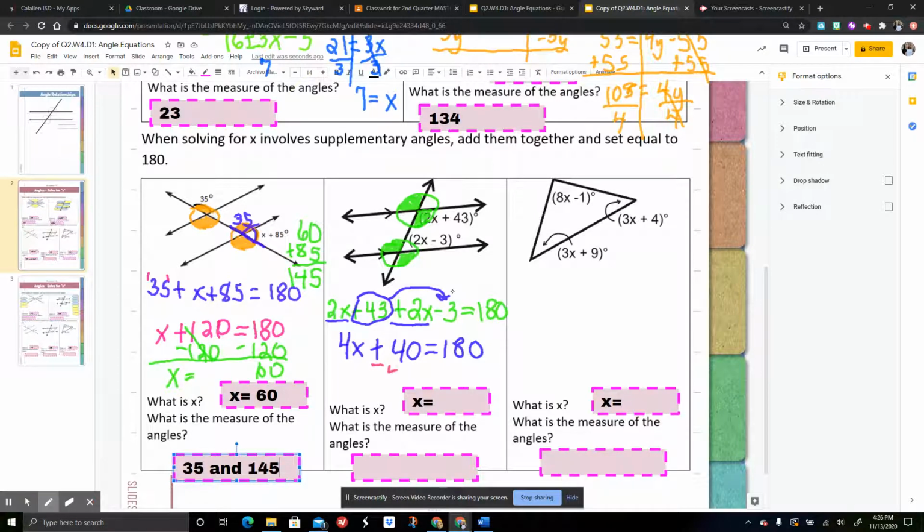Next, I'm going to subtract 40. And that gives me 4x equal to 140. And then I have to divide by 4. And 140 divided by 4 is 35.